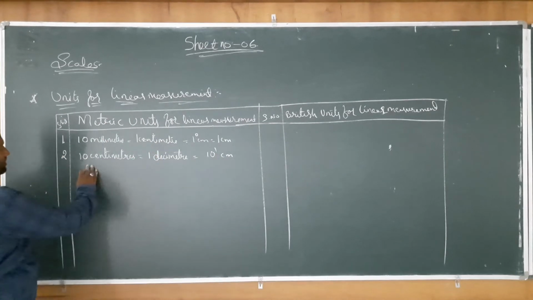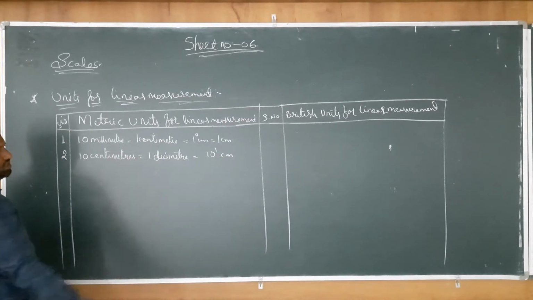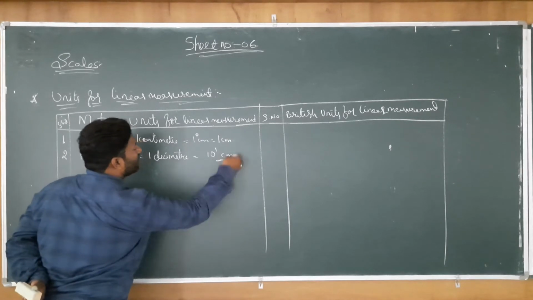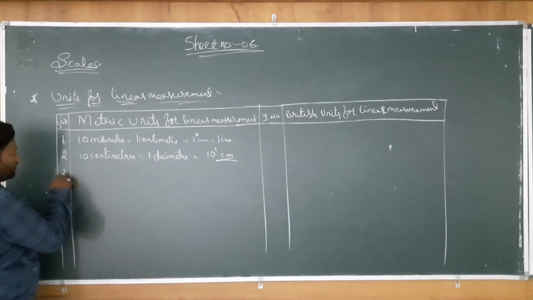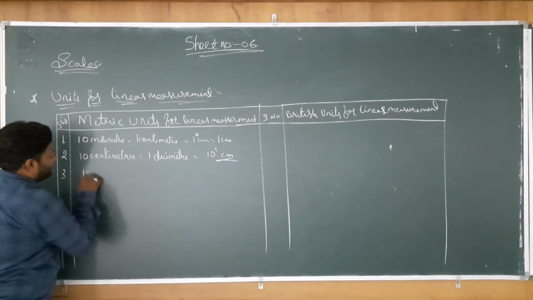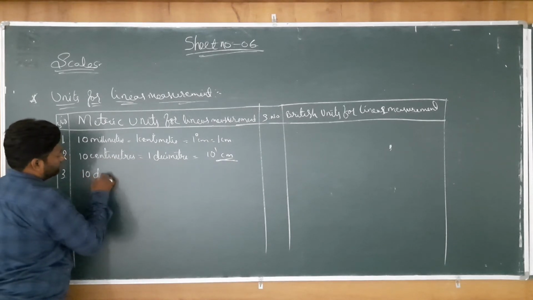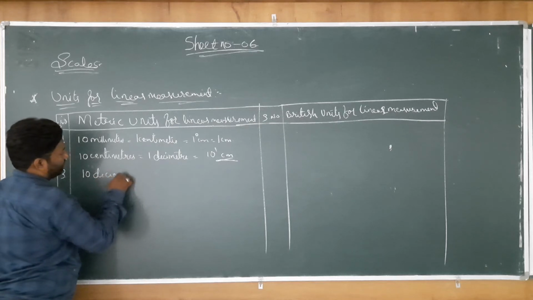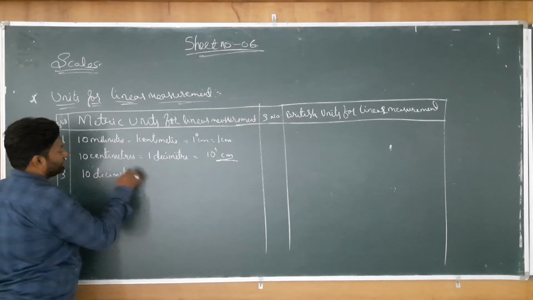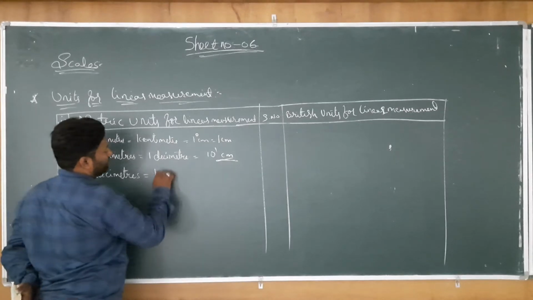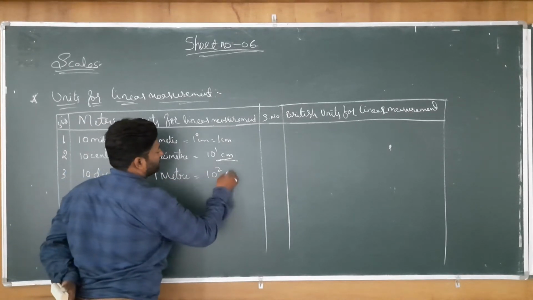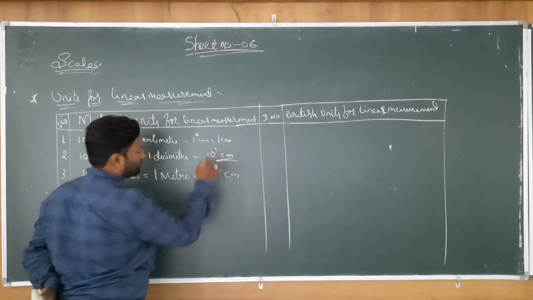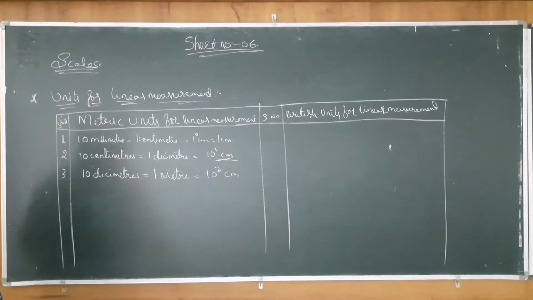Here, whatever the values there, either decimeter or others, we have to convert all the values into centimeters only. Now, the third one: 10 decimeters is equal to 1 meter. That is nothing but 10 to the power of 2 centimeters, which is 100 centimeters only.